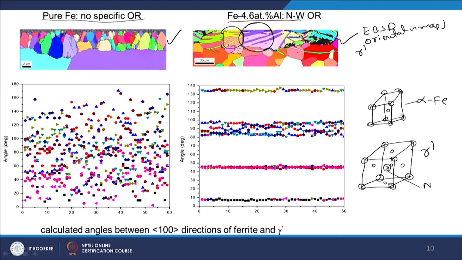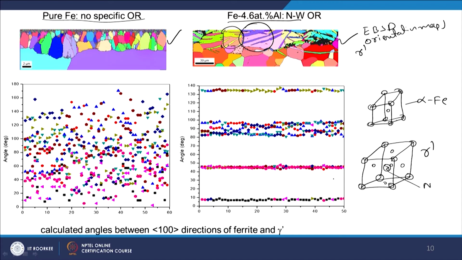If, when the gamma prime is growing in the alpha iron matrix, it does not bother about the way it should orient its crystal lattice with respect to alpha iron, that means there is no specific relationship between the two with respect to the way the crystals are oriented. That is what you see in the case of pure iron. This shows that there is no specific orientation relationship, that is reflected already here, but here you see that there is a specific orientation relationship between the two.